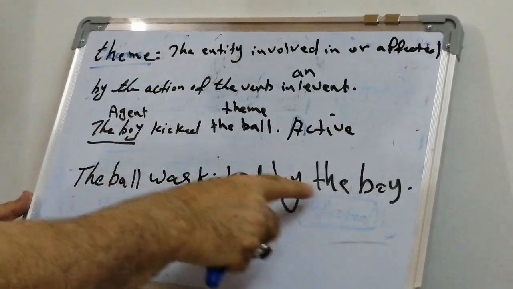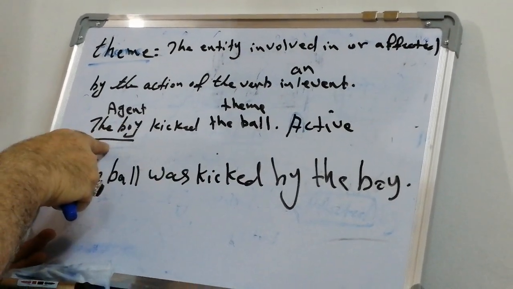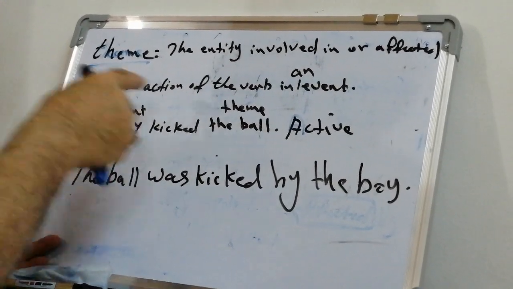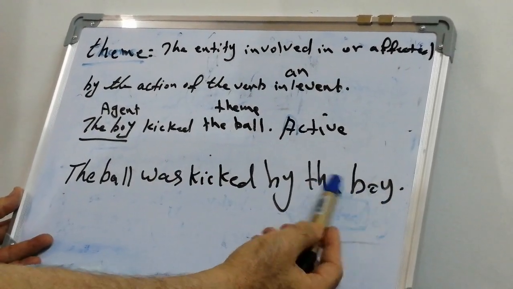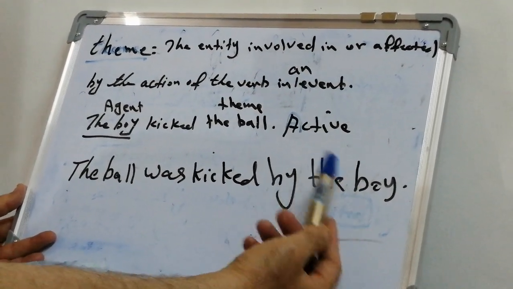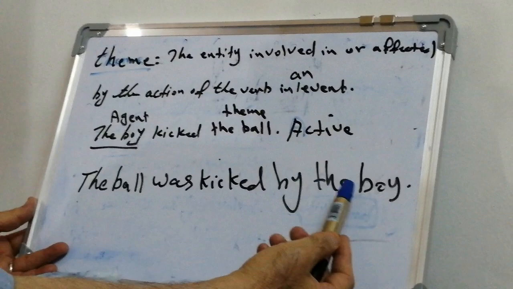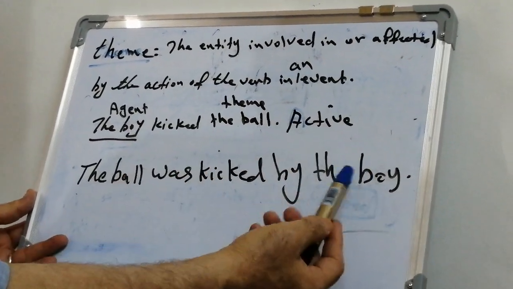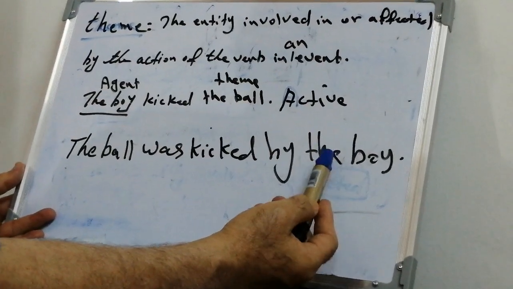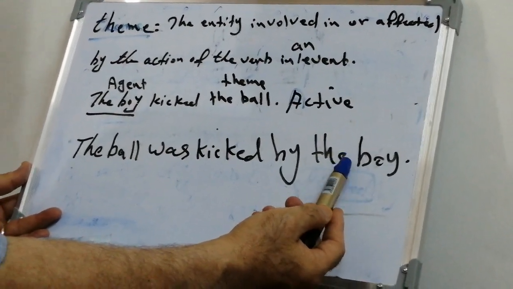Similarly, the boy here is subject, syntactically speaking, and agent, semantically speaking. When I move the boy to the end of the sentence because the sentence has been changed to the passive, semantically speaking the boy is still the doer of the action. Why?